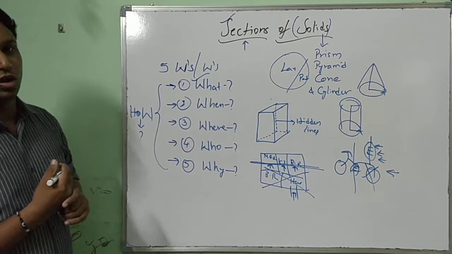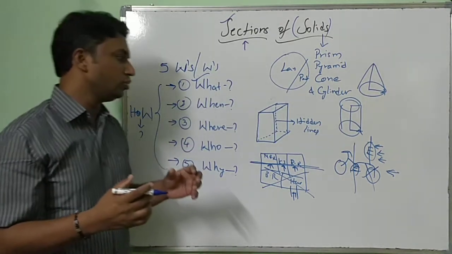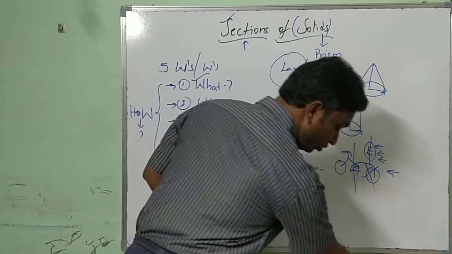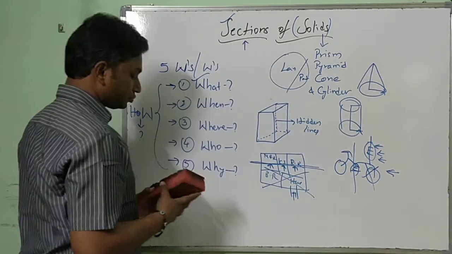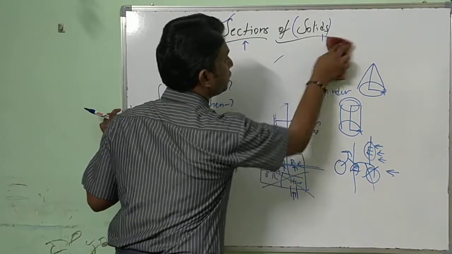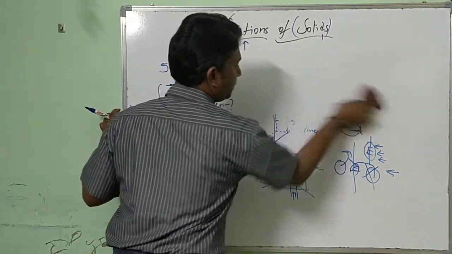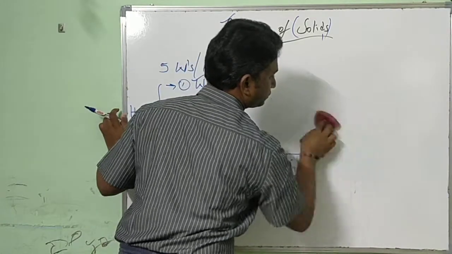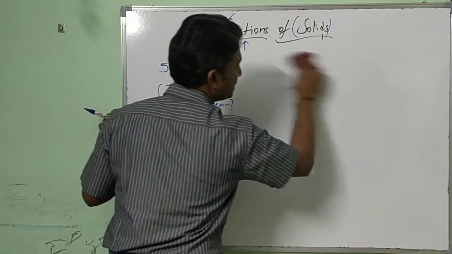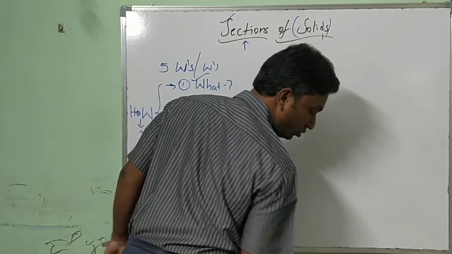How do you have to do the concept of sections of solids, how do you take the concepts to show the inside parts very easily? How is nothing but a step-by-step procedure.